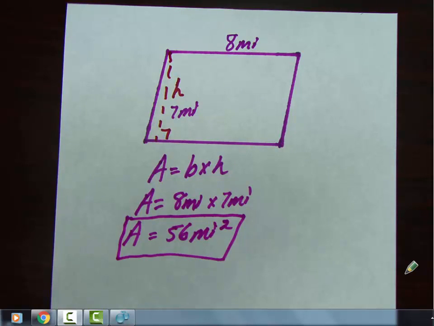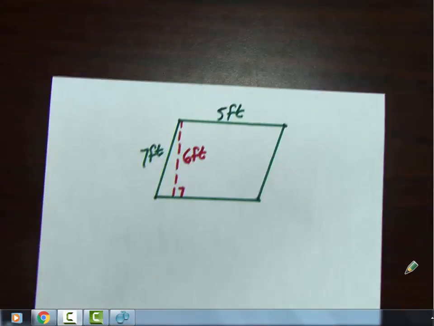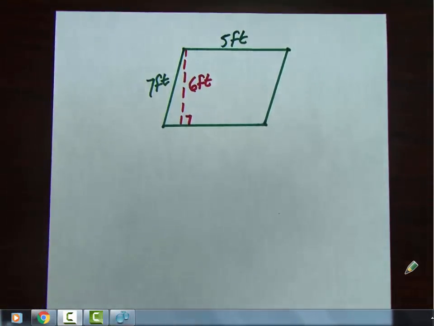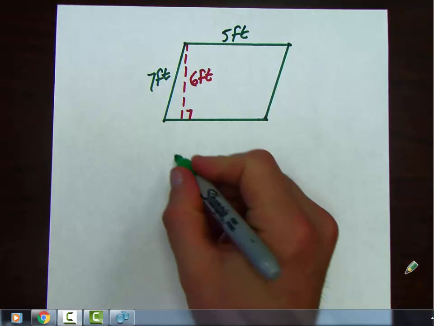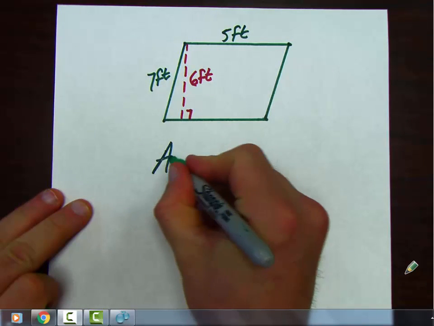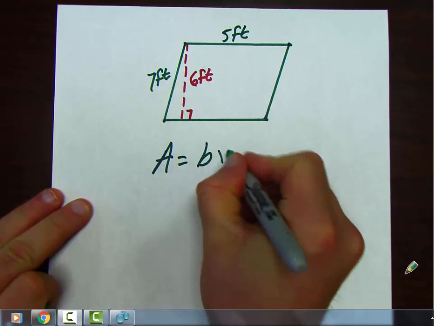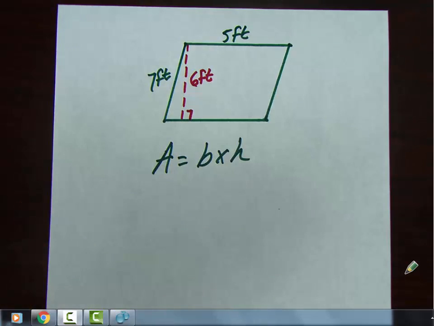So we get one more. And on this one, I already have the sides labeled. And I'm going to use my formula. Area equals base times height.